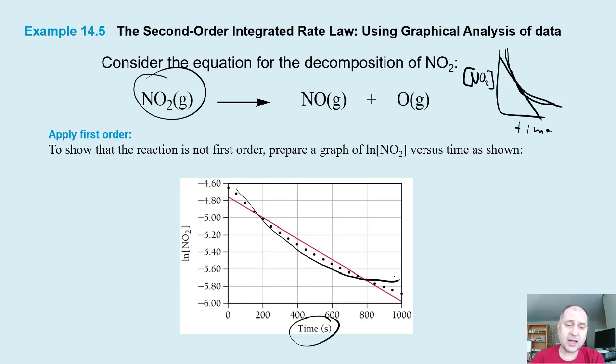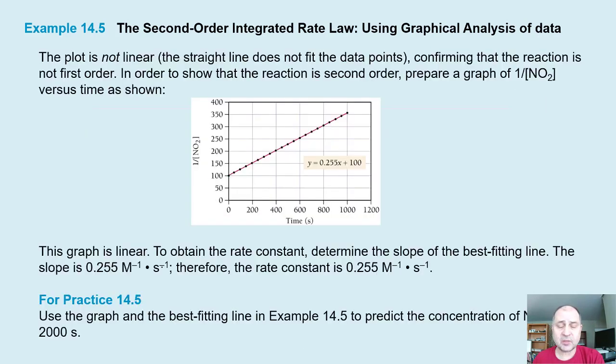And just to confirm that, you now have to plot 1 over the concentration of NO2 at a given time. And then if that's linear, we have second order rate dependence, or dependence on the concentration of nitrogen dioxide. So here is that plot, and that's definitely linear.